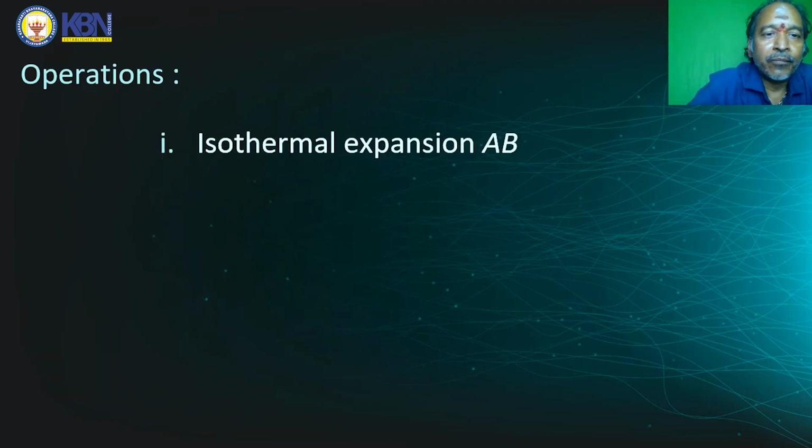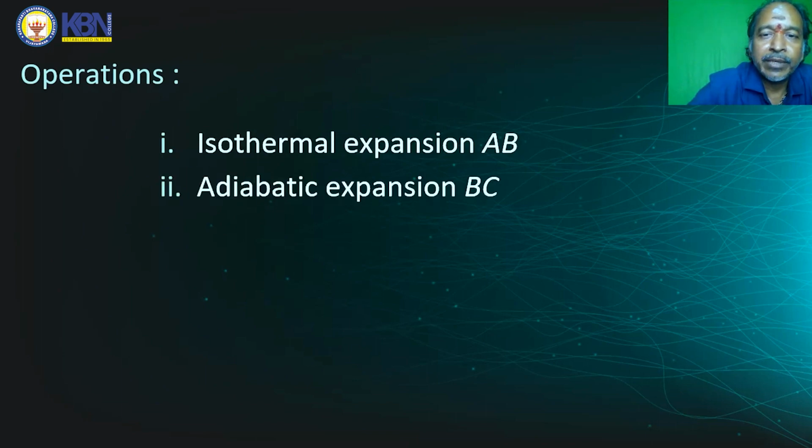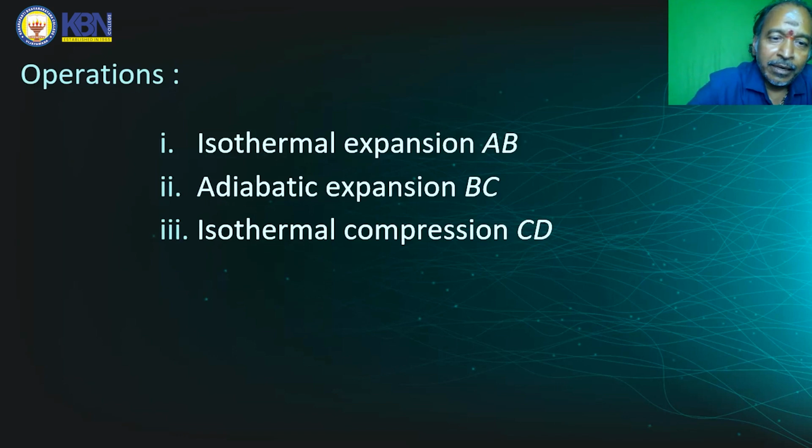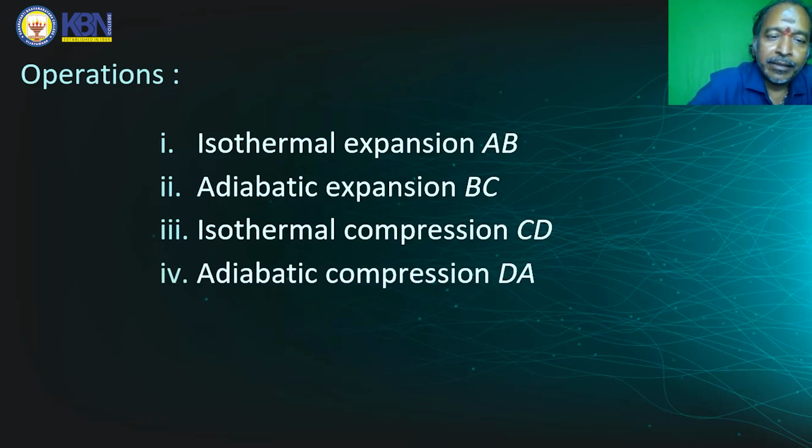So these are the 4 operations: isothermal expansion along AB, adiabatic expansion along BC, isothermal compression along CD, and the last one, the adiabatic compression along DA.